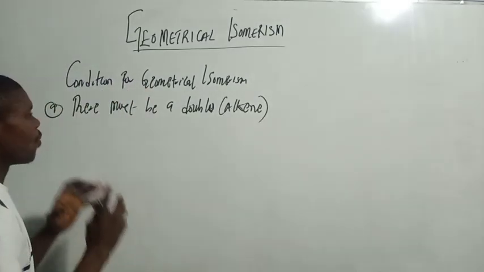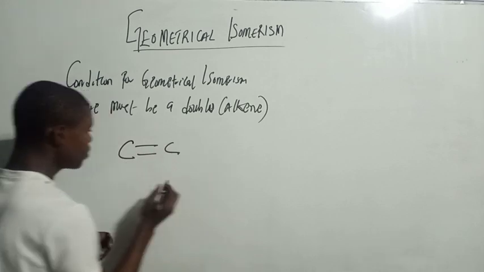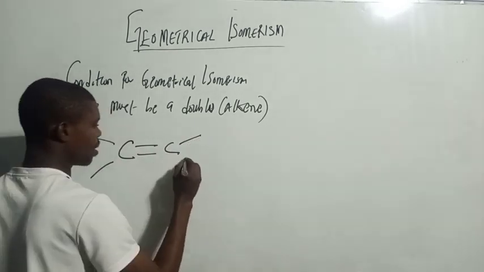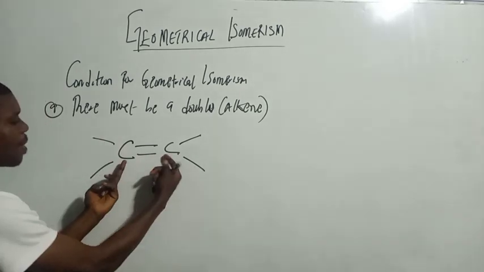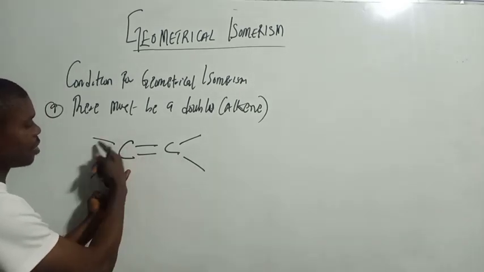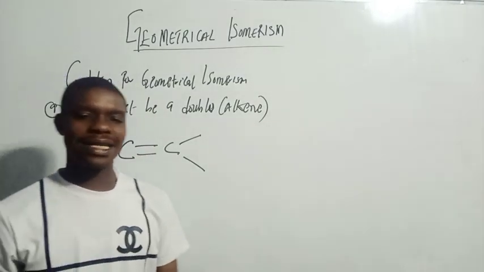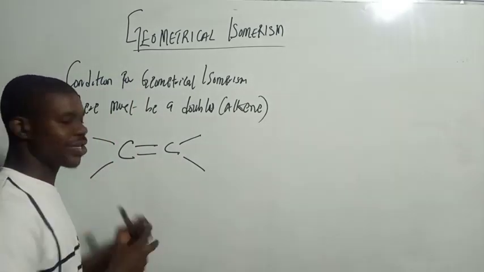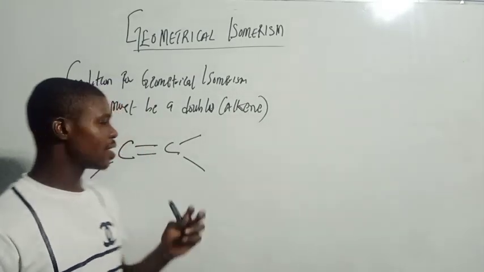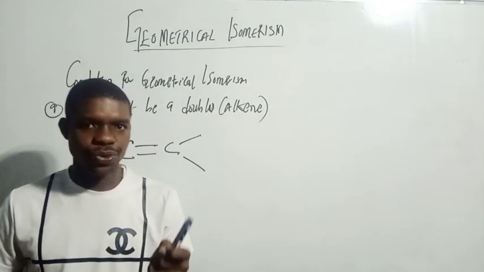Now, when there's a double bond here, we have these positions here and here. The atoms directly attached to the two carbons carrying the double bond matter a lot. All alkenes exhibit restricted rotation.